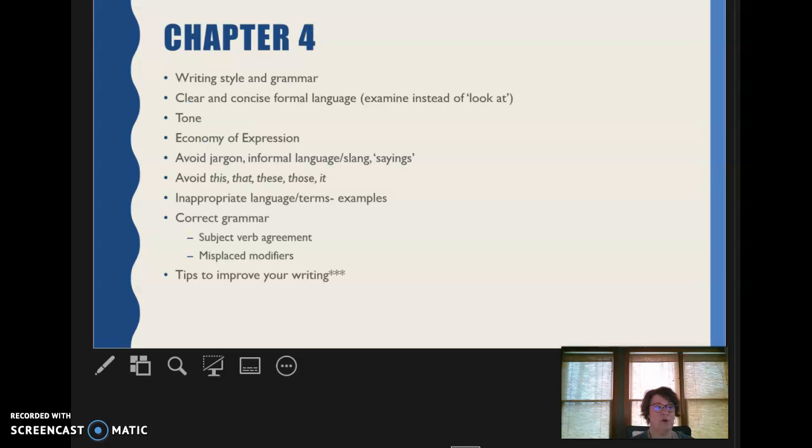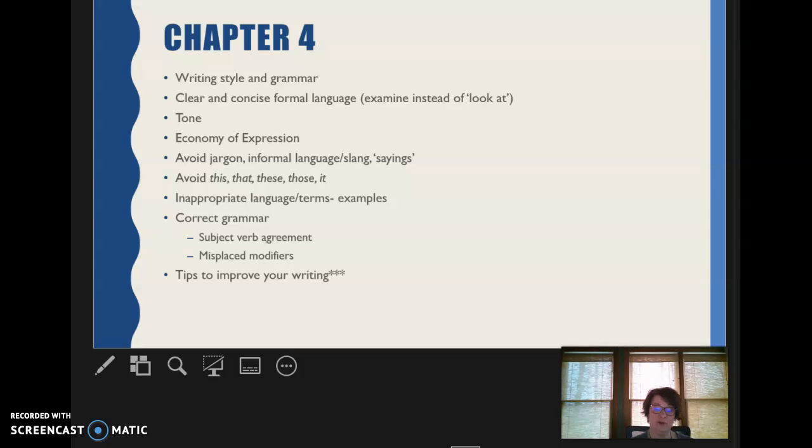In chapter 4, this is another area where you may want to refer back as far as writing style and grammar, making sure that the language is clear, concise, and formal. We want to use words, for example, such as examine versus look at. It's saying the same thing.